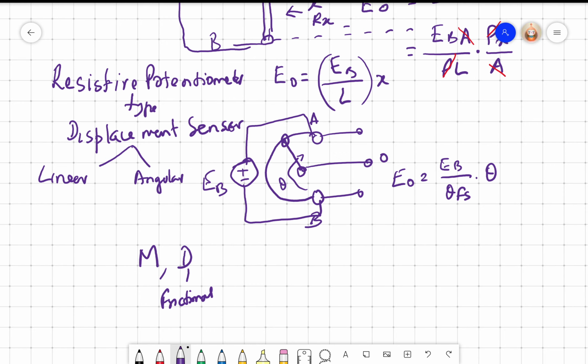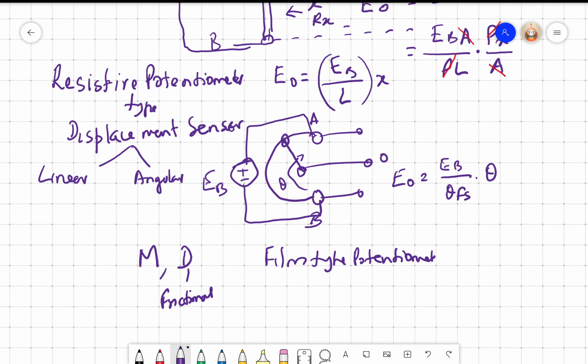Nowadays we don't use, especially for small displacements, 5, 10 centimeters or even 20 centimeters, we use film type potentiometers.